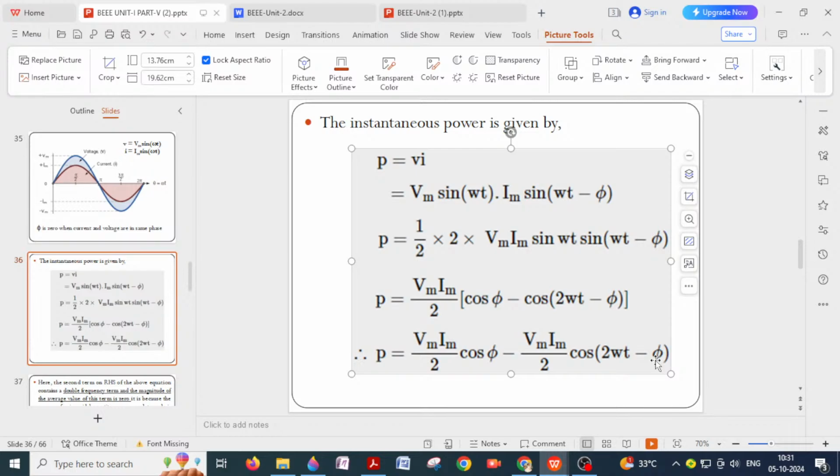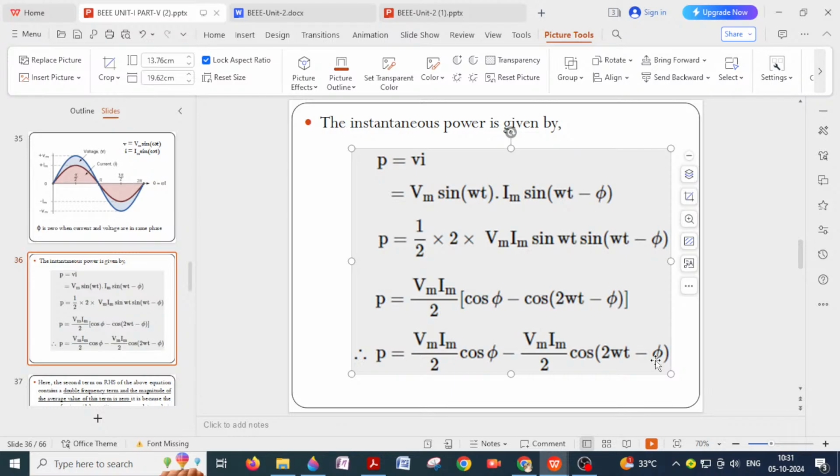If you know Vm, Im and phi, you can determine the first term, whereas in the second term, as frequency varies, omega equal to 2 pi f changes. So if frequency changes, this whole second term will change.